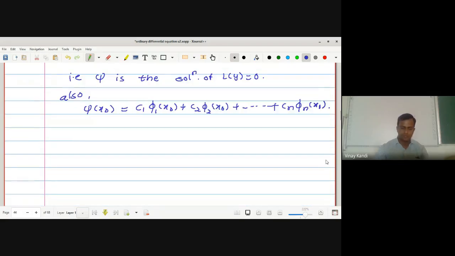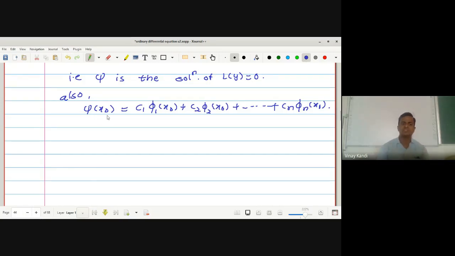Okay, now look at here. Wait a minute. Okay, psi of x naught, from above system of equation.